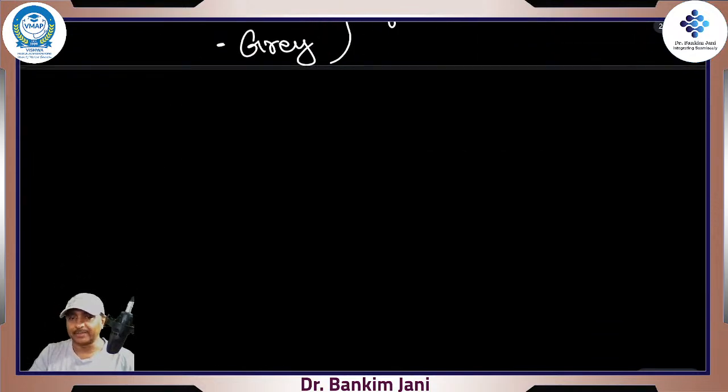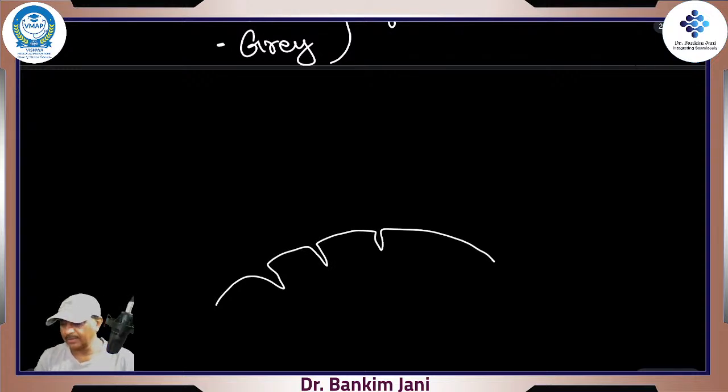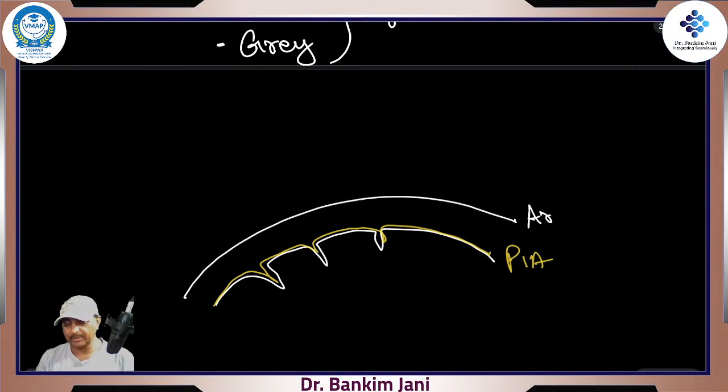We draw a small figure, and this figure will tell something very interesting. Here is our brain. There is a pia mater which is snugly attached and goes with the folds of the brain. So this is the pia mater. After the pia mater, there is the arachnoid mater.